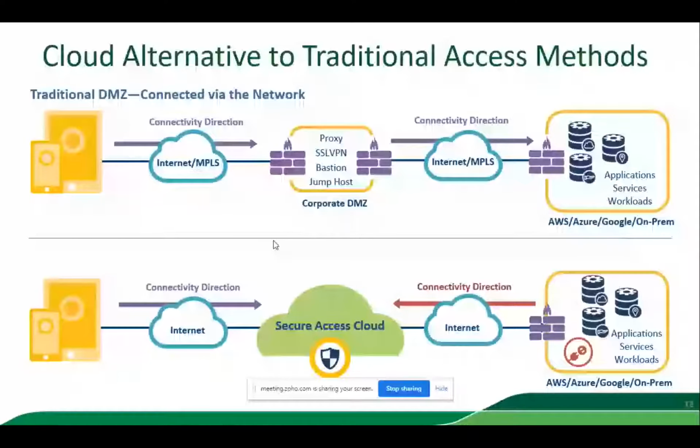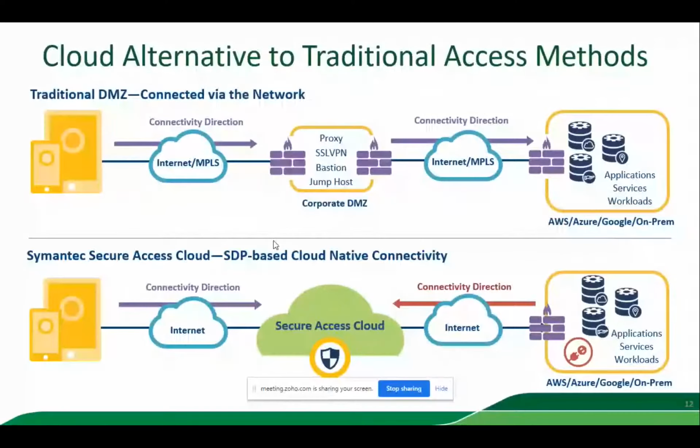Let me give you a graphical understanding of what used to happen, the difference between both models. In the traditional model, you had a device, let's say a laptop, you connect through the internet, let's say via MPLS or VPNs. Then you go to the firewall. From the firewall, you use either SSL VPNs or a bastion host. A bastion host is almost the same as a jump host, whereby you go to one machine, then you're allowed to go anywhere inside the network.